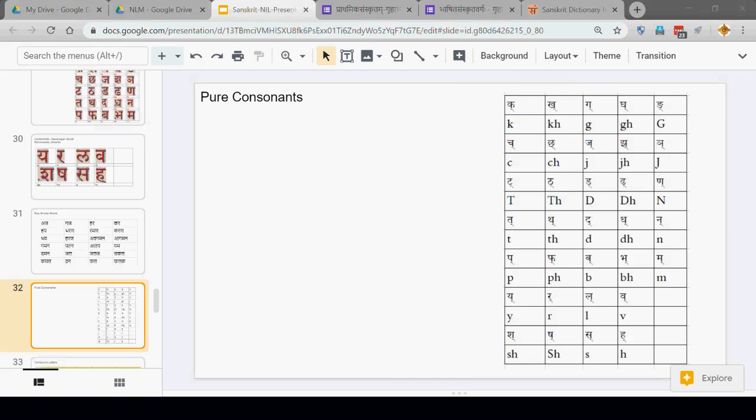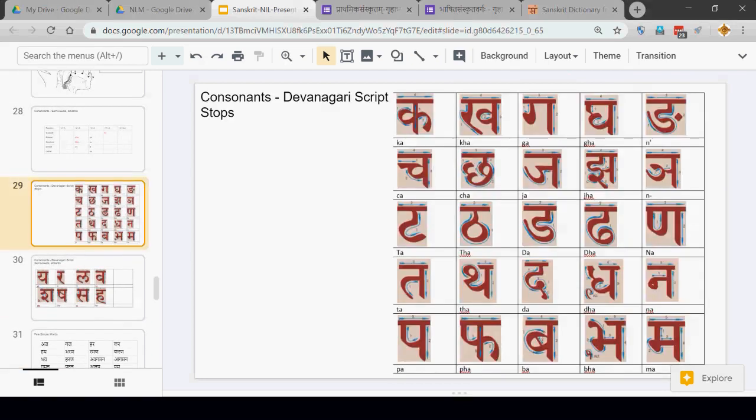That is why when I show them on this chart, in the transliteration I am writing KA to represent this Devanagari letter, the K sound.